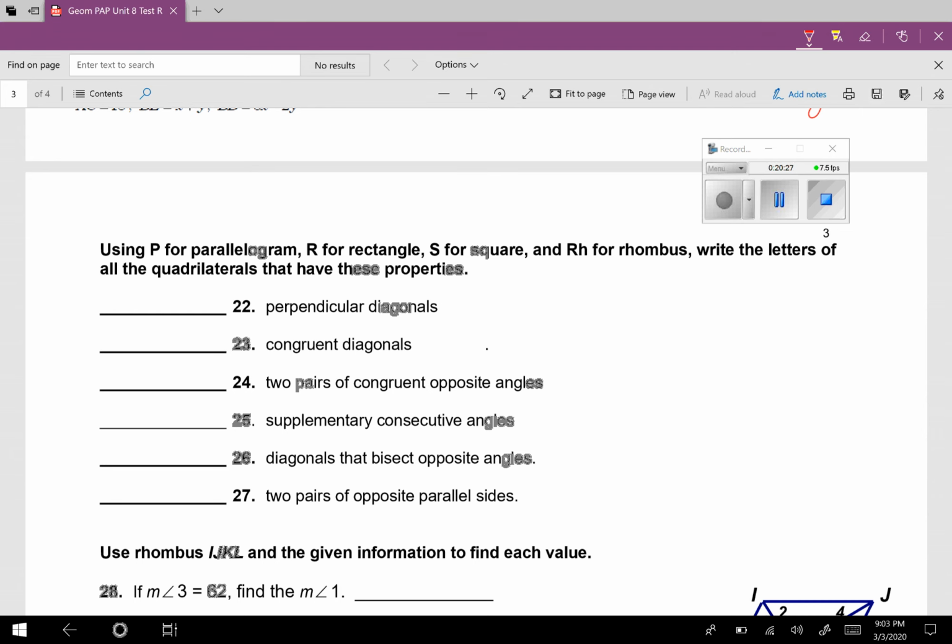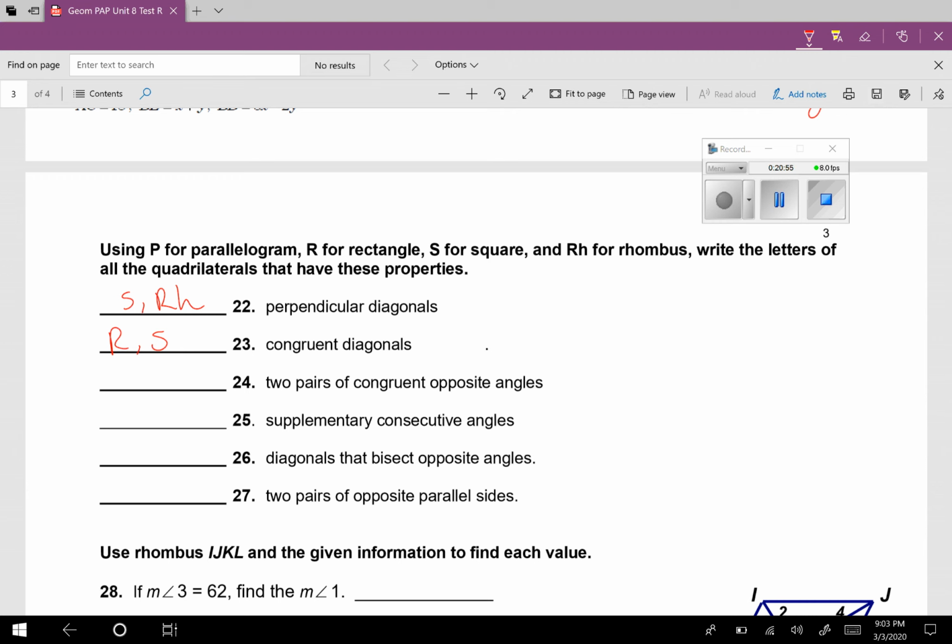Okay, using P for parallelogram, R for rectangle, S for square, and RH for rhombus, write the letters of all the quadrilaterals that have these properties. Okay, perpendicular diagonals. That would be a square and a rhombus. Congruent diagonals. That would be a rectangle and a square. Two pairs of congruent opposite angles.